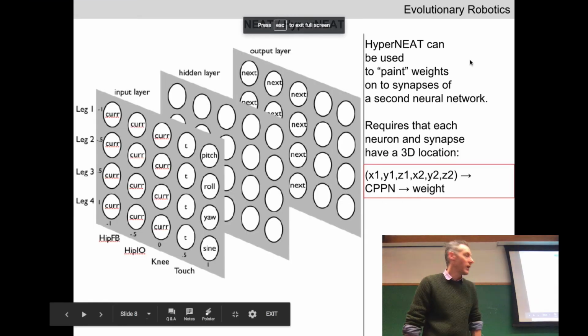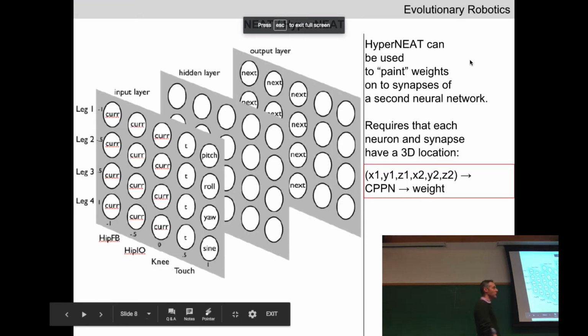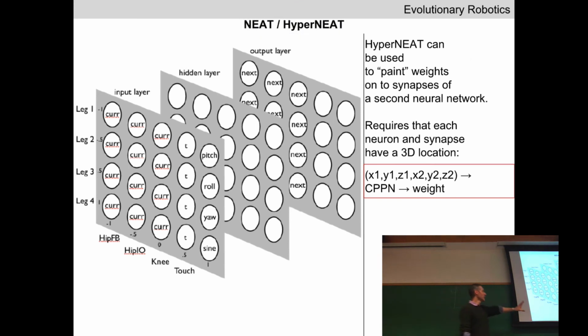As you can see, this neural network is embedded in 3-dimensional space. We have 3 sheets. The front sheet embeds sensor neurons. The middle sheet embeds hidden neurons, and the back sheet embeds output neurons. If we look at the sensor neurons, we have 4 rows corresponding to the 4 legs.